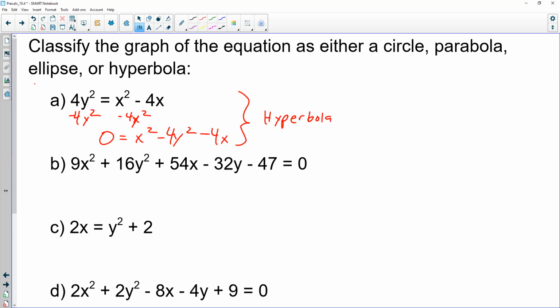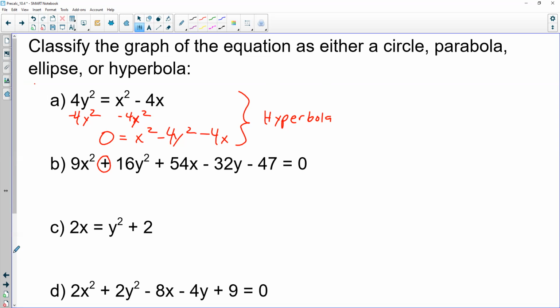Let's go to our next equation. Once again, you notice the x's and y's are both squared, so that eliminates a parabola. Notice we have a plus sign, so that eliminates the hyperbola. So we just have to determine, is this an ellipse or is it a circle?